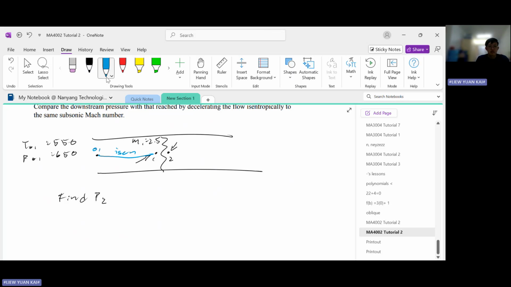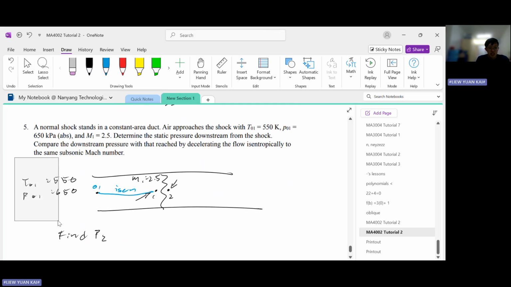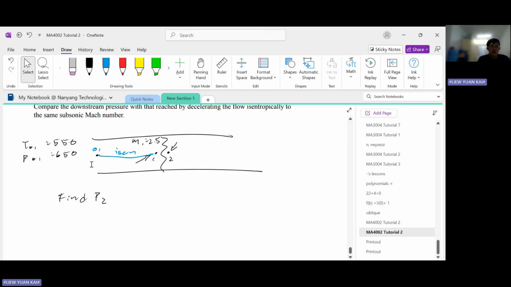Actually, because this is the isentropic stagnation state, it's necessarily an isentropic flow that connects 01 to 1.